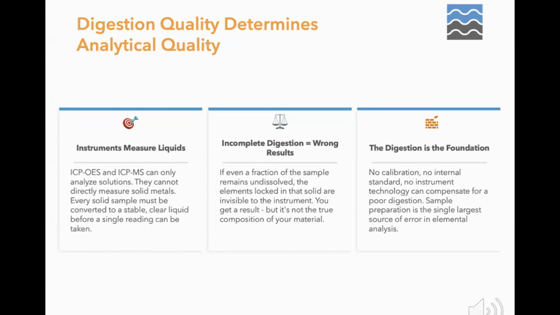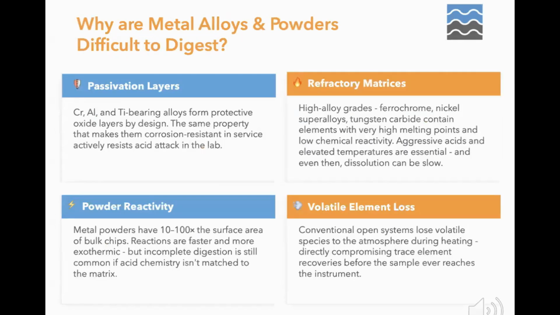There isn't any calibration you can do to your equipment, no internal standard or technology or adjustments you can make that will compensate for a poor digestion. It is the single largest source of error in elemental analysis and has been our focus here at ColdBlock, providing technology that can offer excellent results repeatedly across a wide range of sample types.